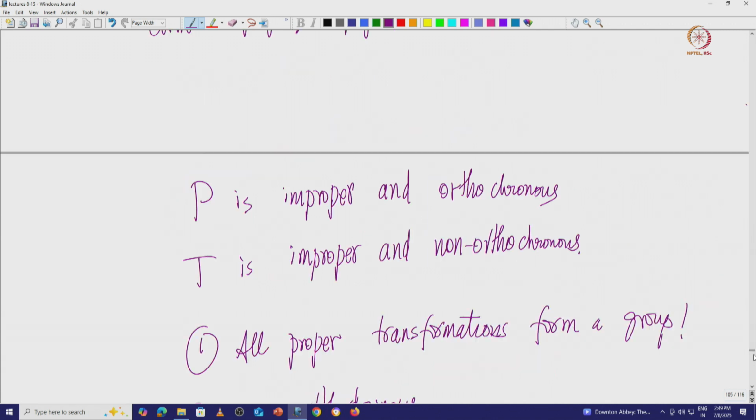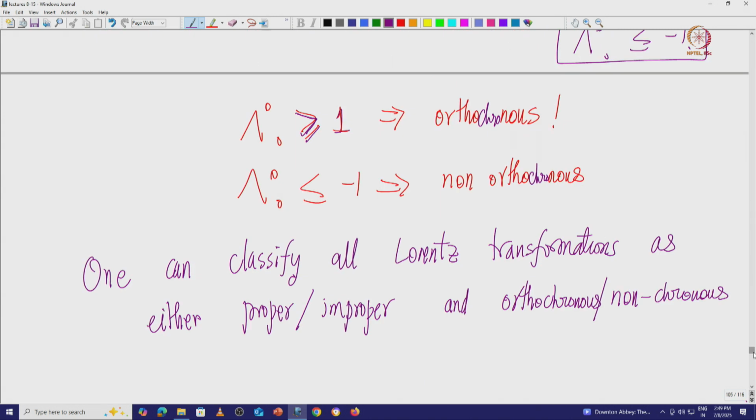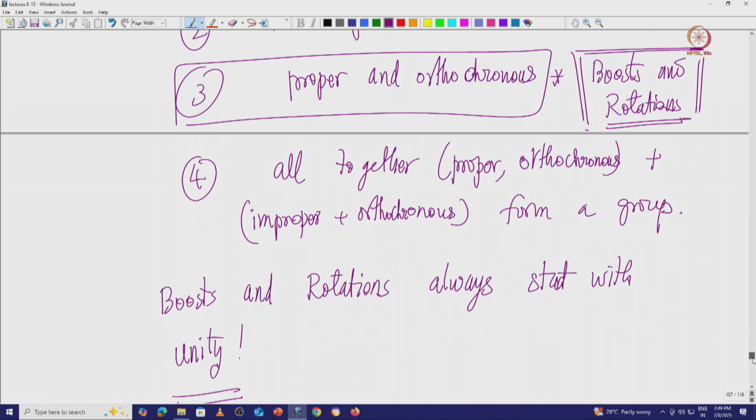So using these two we have another classification of the Lorentz transformation: if the lambda 0 0 element is greater than or equal to 1, it is called orthochronous, and if it is less than or equal to minus 1, it is called non-orthochronous. So using this, all Lorentz transformations can either be proper or improper, and orthochronous or non-orthochronous.